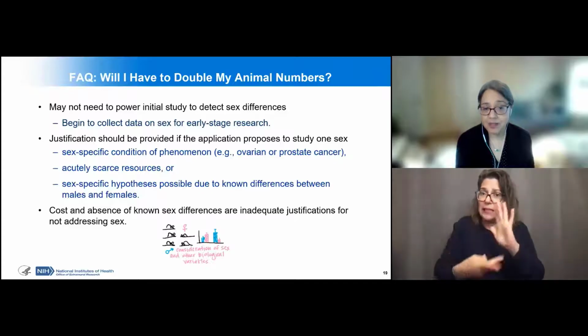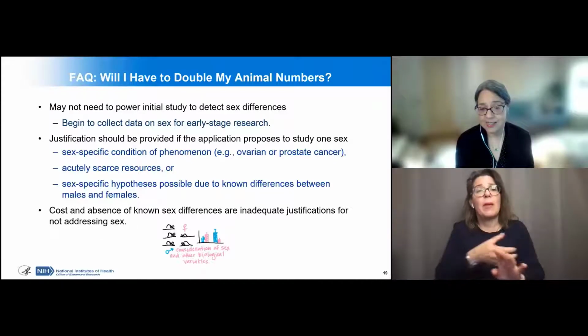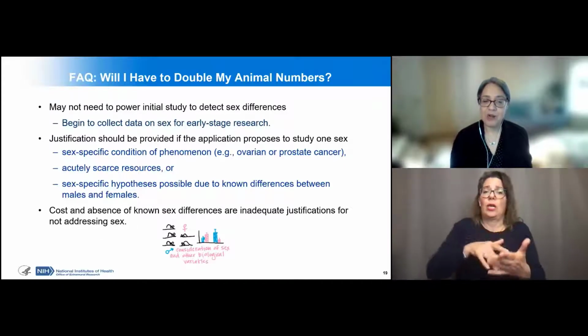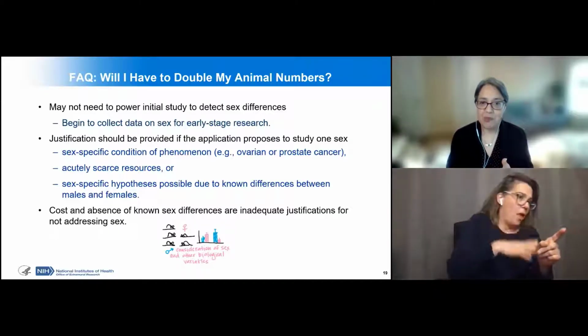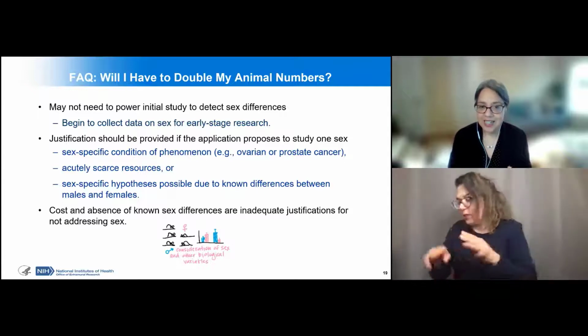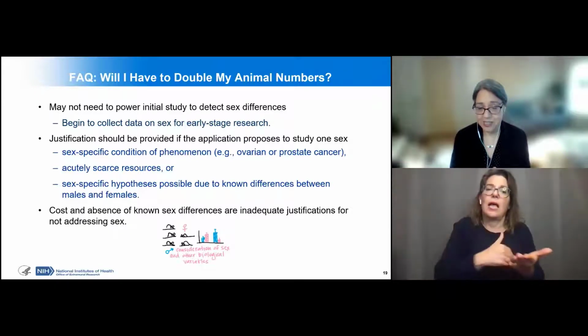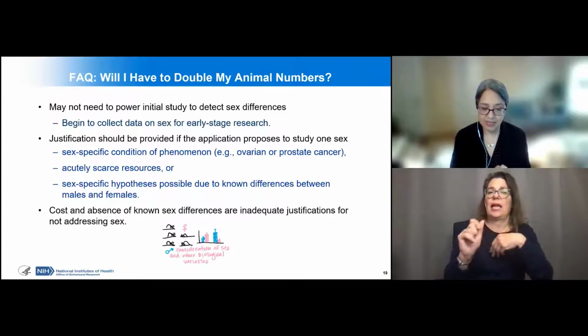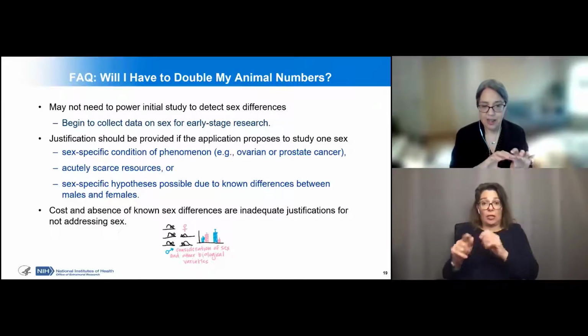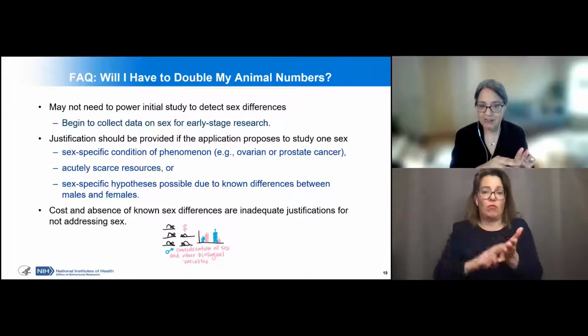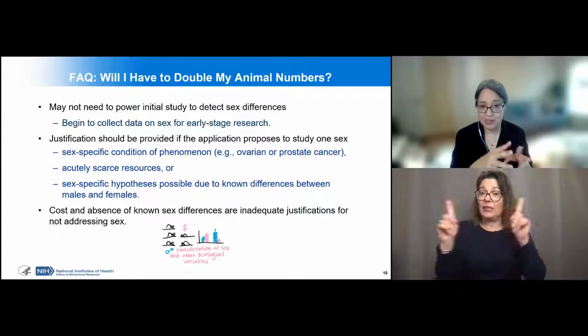You may not need to power your initial study to detect sex differences, because we don't want everyone to become a sex difference researcher, but we ask that you begin to collect data on sex for early stage research. We think of research as a continuum where you have the early stages and then you go into later stages. We really want to start understanding the differences between males and females early on.